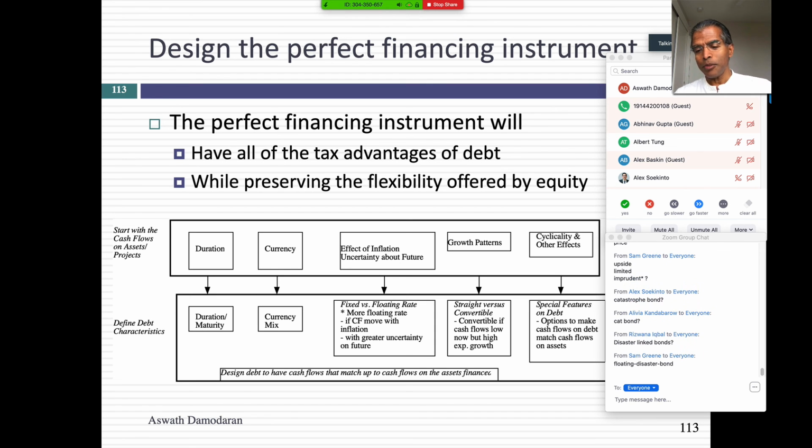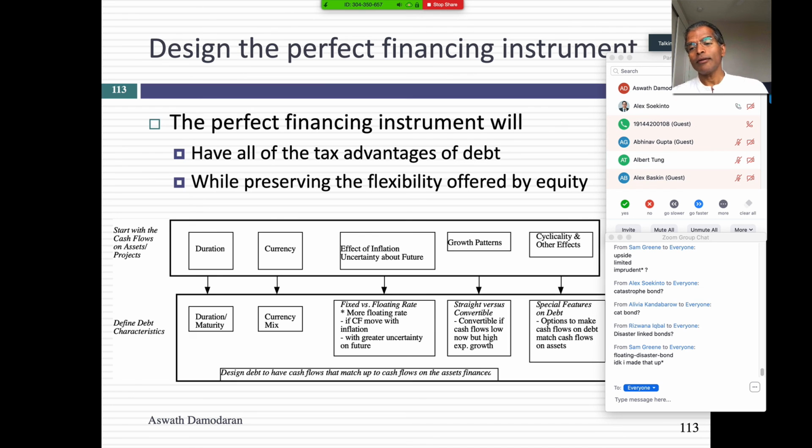Alex said catastrophe bonds. Alex, can you describe what a catastrophe bond is? Or a disaster-linked bond? Sure. I think it's a bond where you promise a coupon payment or interest payment, and as long as no disaster happens, that would stay.